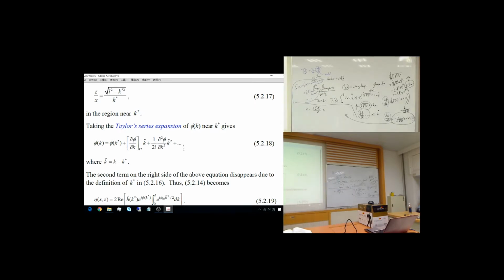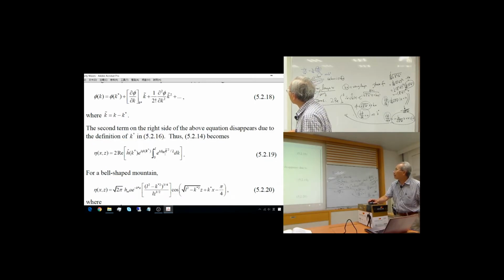So that means phi of k can be approximated by this term and this term. Higher order terms are also 0, because partial phi partial k equals 0 at that point of stationary phase k star. Then you can substitute this into there, and eventually you get this.